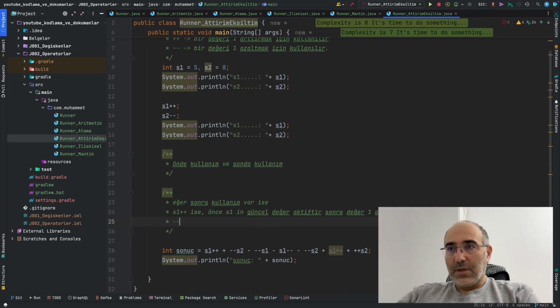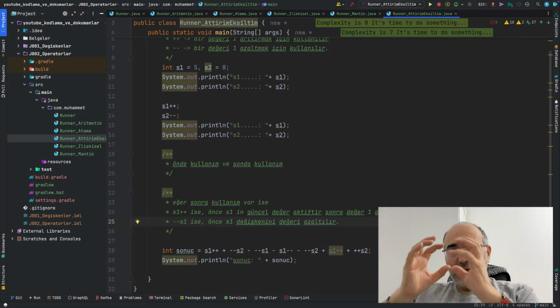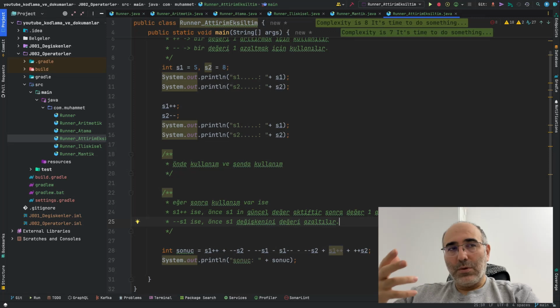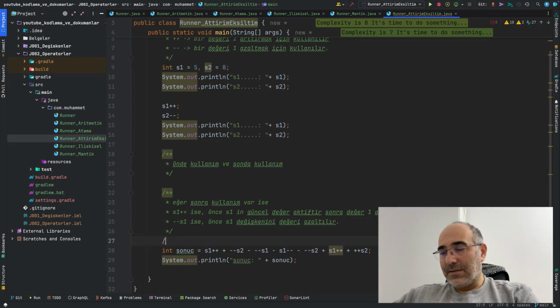If you do minus minus S1 here, guys, first the S1 variable's value is decreased. So, when you use it at the end, you first take the variable, and in the next step, its value will have changed. If it's at the front, first the value of the variable is decreased or increased, and then it's used that way. Now, can you guess the result of this?